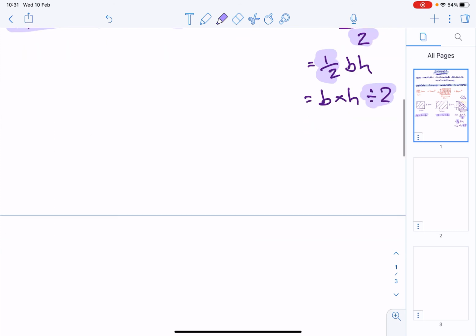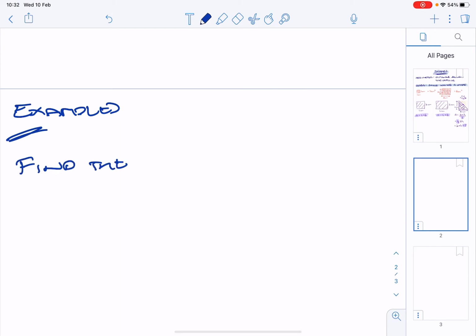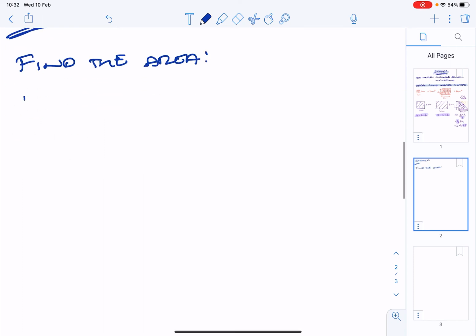Right, so I'll show you some examples now. All right, so we'll look at some examples. And the idea is that we're just going to find the area of each of these, okay? So find the area. We'll start with a square. And then we'll get a rectangle.